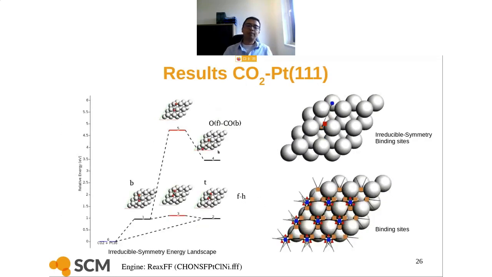Also for the CO2, you can get this kind of results. And here you can get the central reaction, which is the splitting of the CO2 in CO plus oxygen.